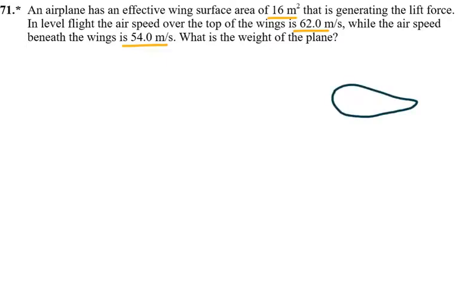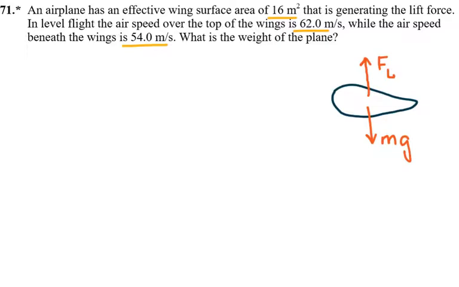So if this is the cross-sectional area of the plane, then I have the forces, the mg, and the force of the lift. I'm going to call it L, force of the lift, and mg. And the net force is equal to 0 because the airplane is not going up or down.